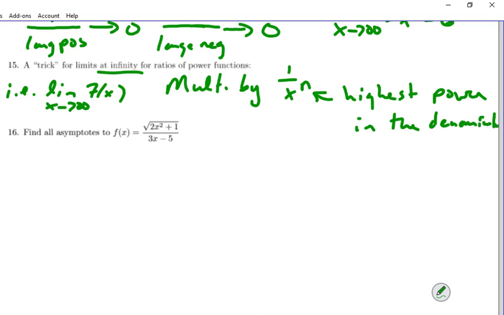One over x raised to the highest power seen in the denominator, over itself.